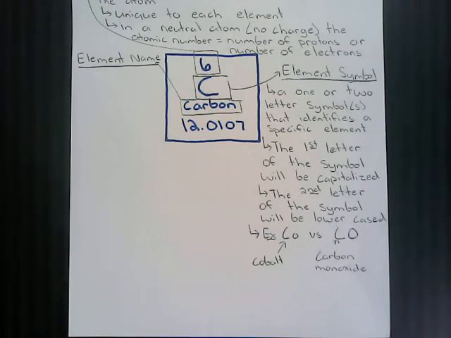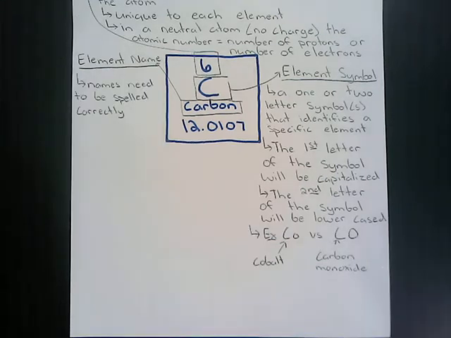In this class, because I give you a periodic table, the names of the elements need to be spelled correctly. The other thing to be aware of is that the first letter of the name might not necessarily match up with the first letter of the symbol.